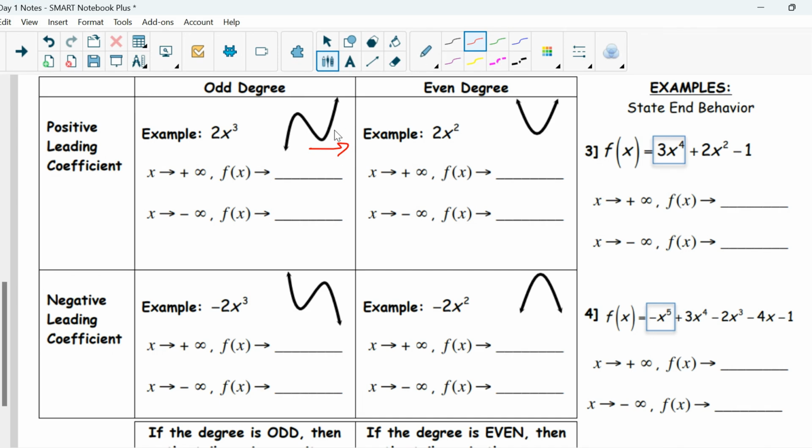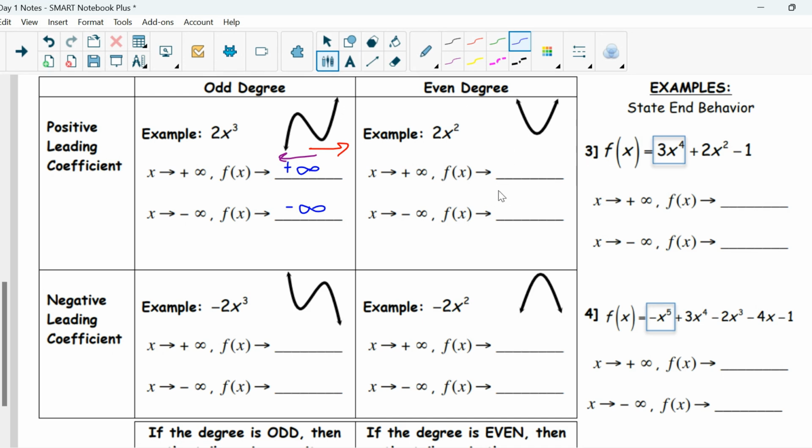As we approach the right here, it is continuing upwards, so that would give us positive infinity. As we approach negative infinity, the left direction on our graph, our f of x, or our y value, is heading down, or heading in the negative infinity direction. That would be the end behavior. So that is an odd degree, positive leading coefficient.